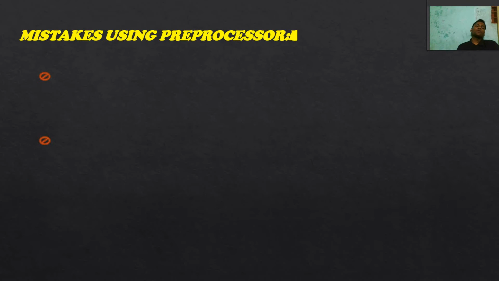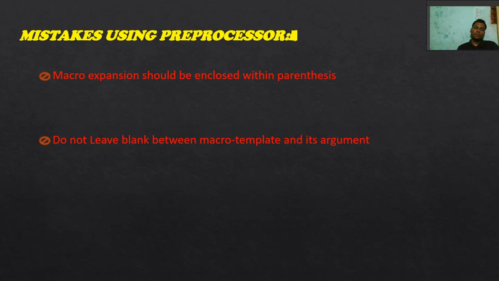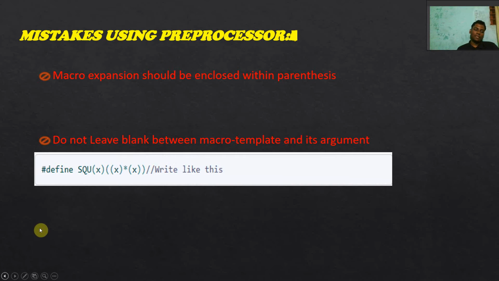There are some common mistakes we make when we write preprocessors. Macro expansions should be enclosed with parentheses. Every macro expansion has to be enclosed with parentheses or brackets. The next one is do not leave a blank between the macro template and its argument. Like in this one, we have used the define preprocessor with SQUARE(x) x*x.